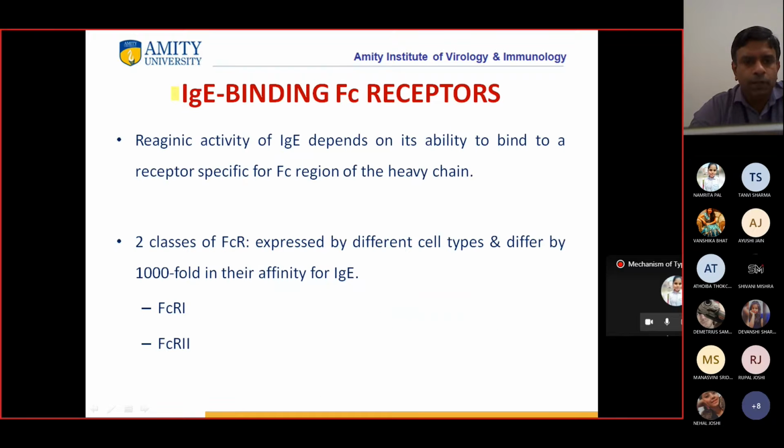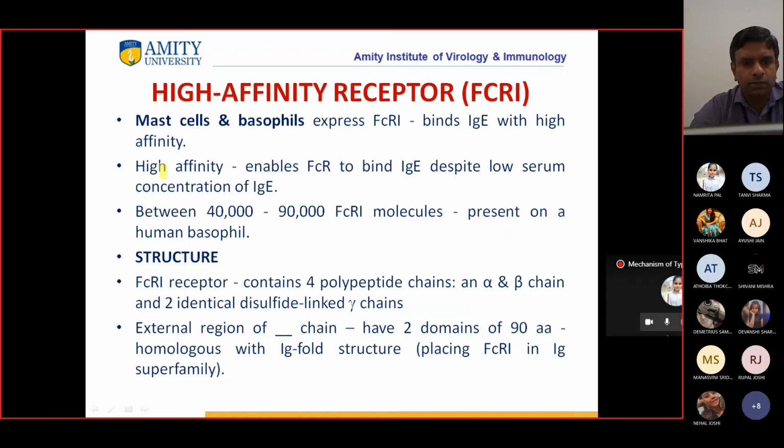Okay. So IgE binding Fc receptors. So we have already discussed this, so I'm not going to discuss this now. Okay. So these are high affinity receptors. So the Fc epsilon R1 is your high affinity receptor. It binds IgE with high affinity. Okay. So it binds with very high affinity and it enables the Fc receptor to bind IgE despite very low serum concentration of IgE, right?